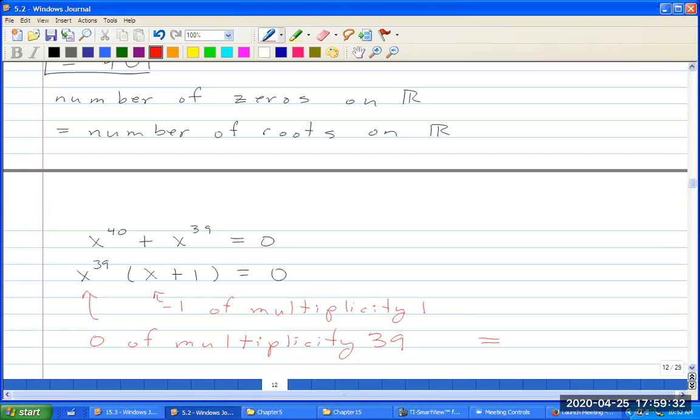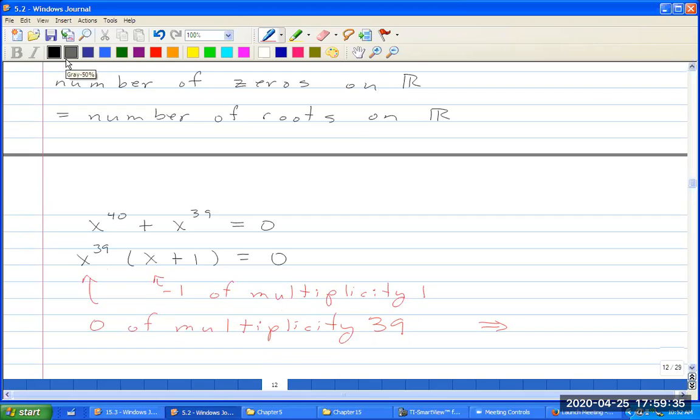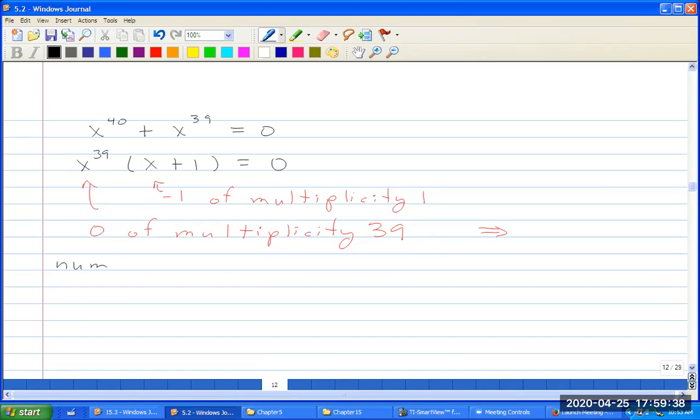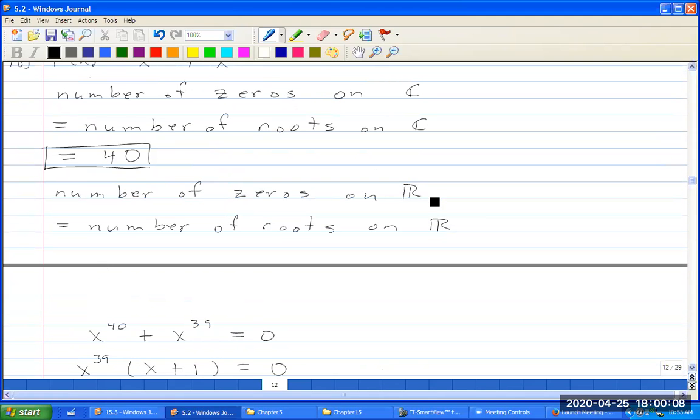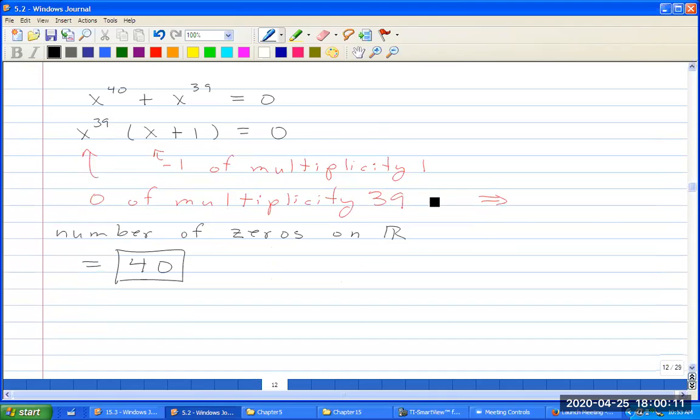So therefore, the number of zeros on R is equal to 40, because there are 39 plus 1, counting multiplicity, zeros. So it's a total of 40 zeros, if counting multiplicity. Okay, so now let's figure out the number of linear factors.